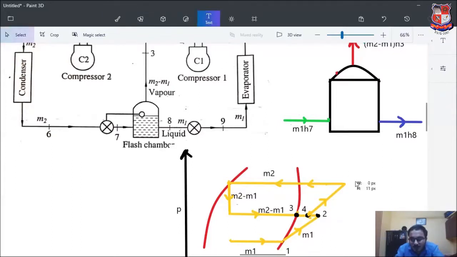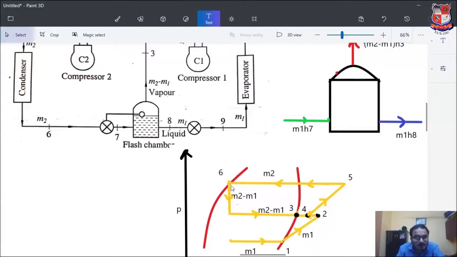And this will be our point number, and it should be 5. Okay, so this is the way it is happening. Then from 5 we are having point number 6. This will be our point number 6.